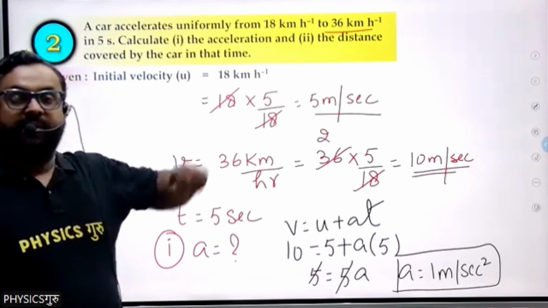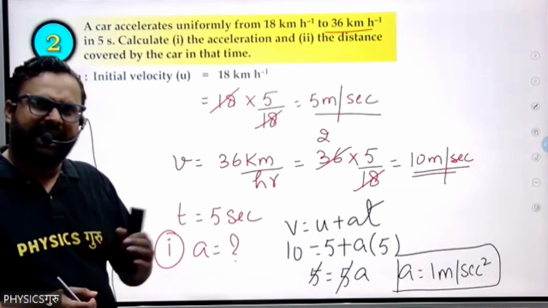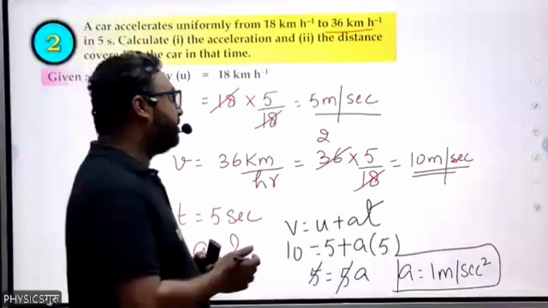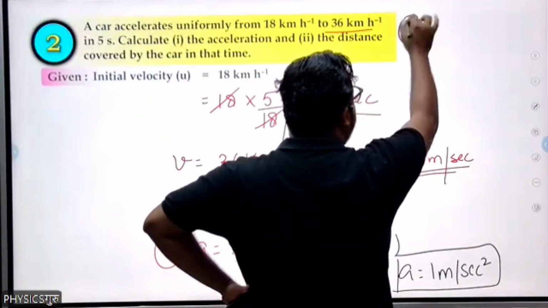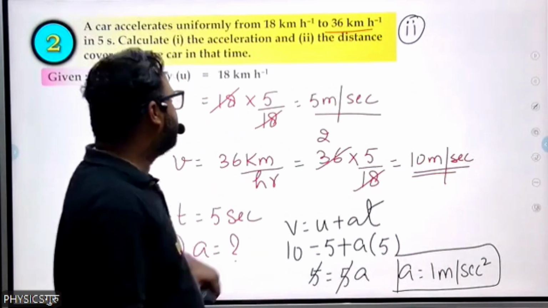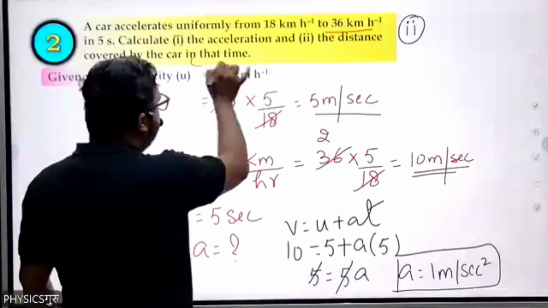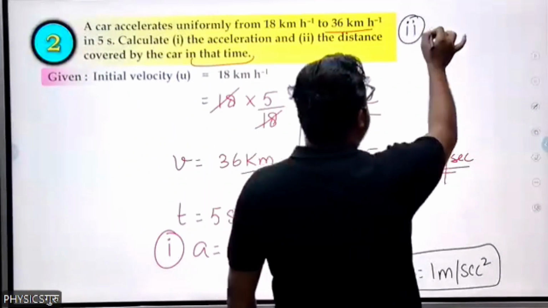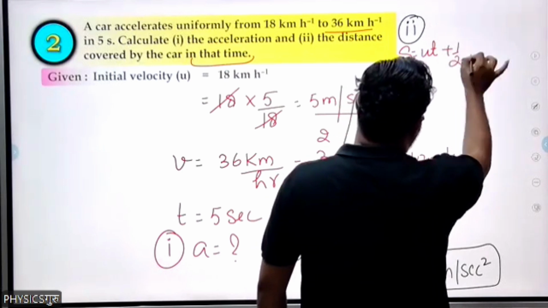Second part of the question, they ask you to find the distance covered by the car in that time. So step number 2, we need to find the distance. For distance we can use the second or third equation, as per your convenience. The formula is s is equal to ut plus half at square.